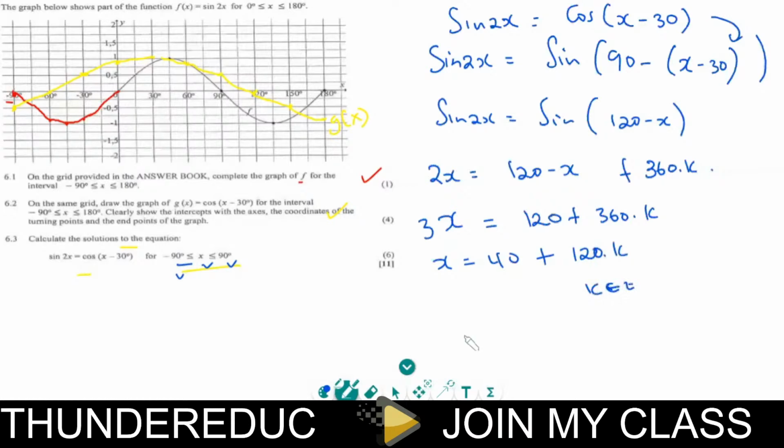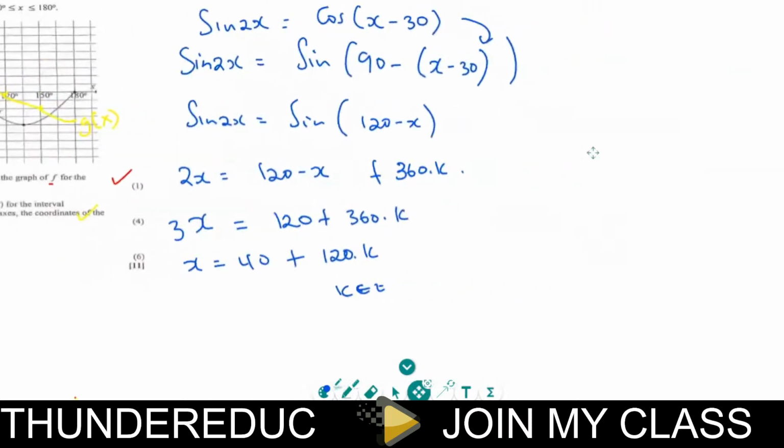Alternatively, the other quadrant where sine is positive, we said is where we get 180 minus. So we shall have the sine 2x is equal to the sine of 180 minus the 120 minus x.